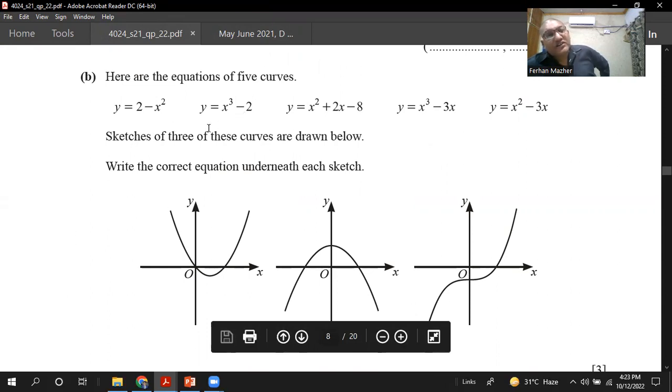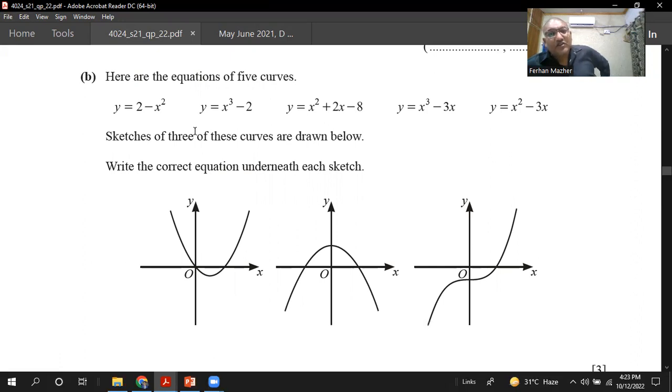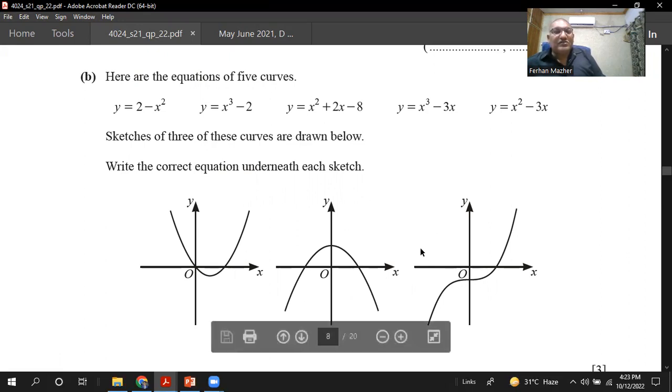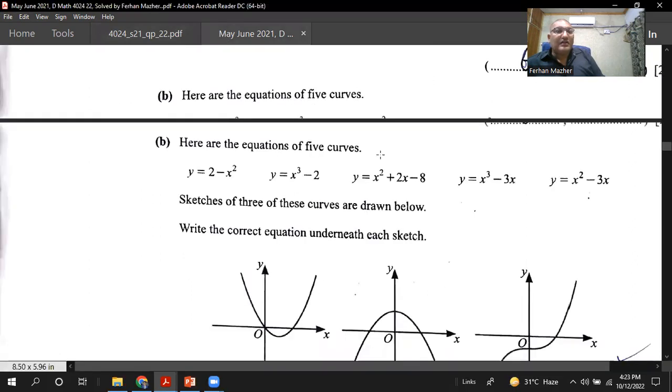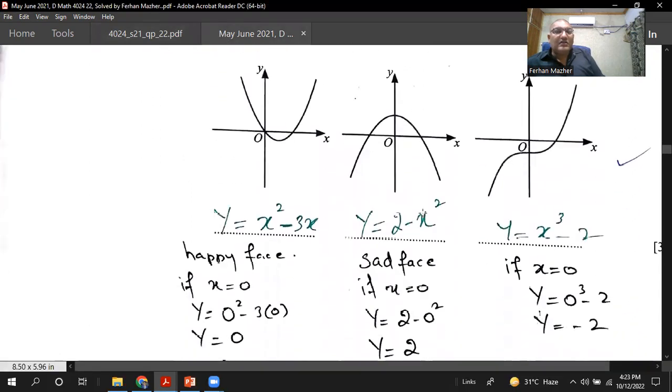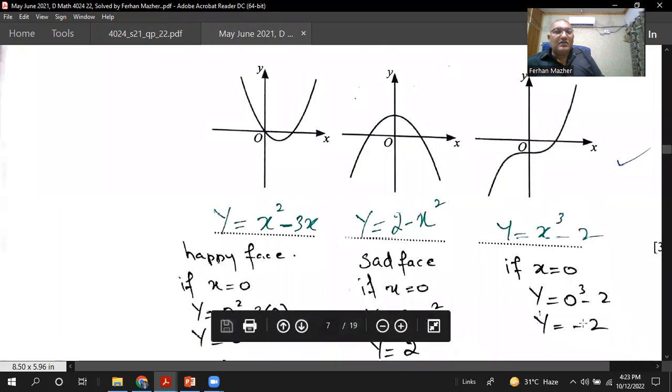So in this cubic equation, when I put x equals to 0, the value of y equals x cube minus 2, y will be minus 2. When the x is 0, the y will be minus 2. So I think this will come here. So y equals x cube minus 2 will come here.